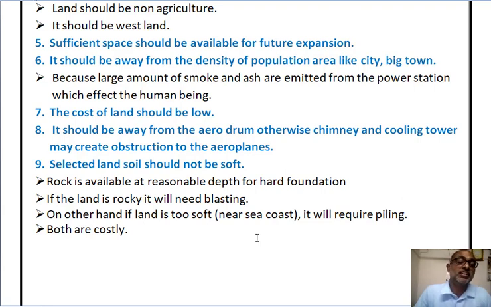So in both cases, if the land is rocky or the land is soft, both are costly, because for rocky it requires blasting, for soft it requires piling.